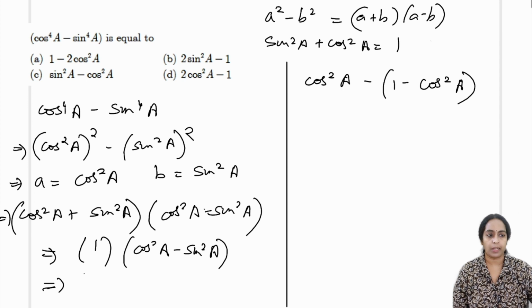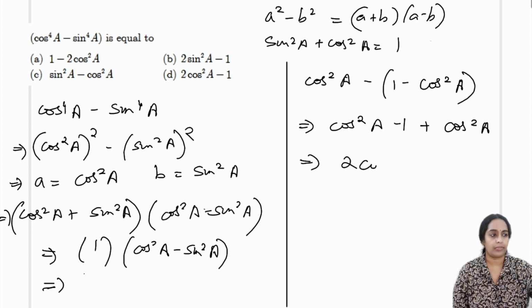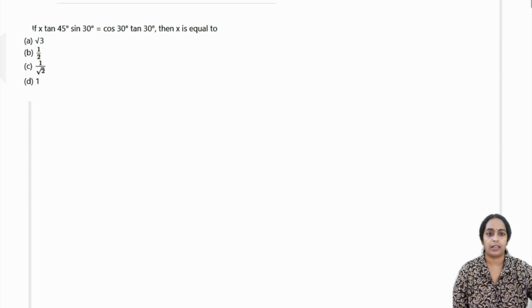So cos square a minus sin square a, where sin square a is written as 1 minus cos square a, is going to be cos square a minus 1 plus cos square a. So the final answer is 2 cos square a minus 1. So this is there as option D in the answer. So option D is the correct answer.